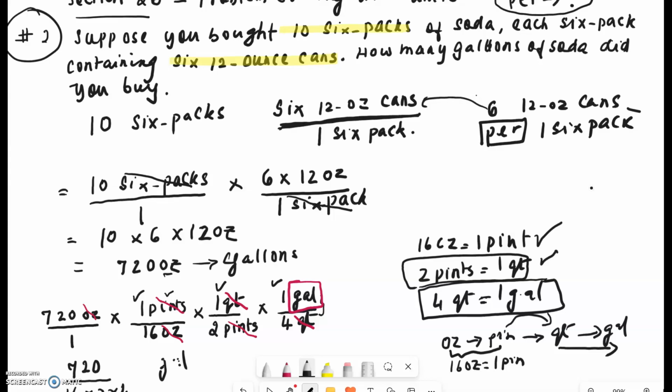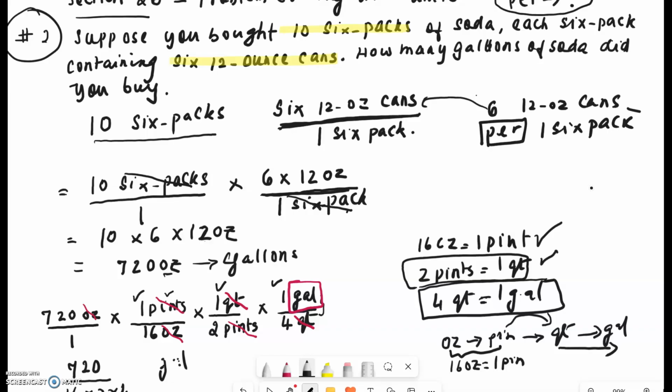We have 10 6-packs. And each 6-pack contains 6 12-ounce cans, which means we have 6 times 12 ounces per, which means divided by, 1 6-pack. We cancel the units 6-pack and we get 10 times 6 times 12 ounces.